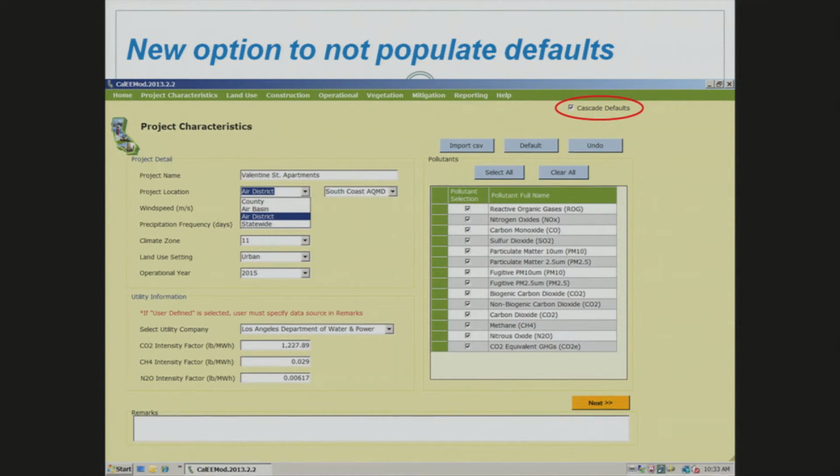So they've overridden some of the future defaults. They don't want to have it overridden again. So in the earlier screens, they can change some information, such as, again, the number of units for that particular residential project, and then can click that box off, and so it will freeze that default information on the later screens, and then you can run your model based on that different value at the beginning, but not the later values in the changed defaults.